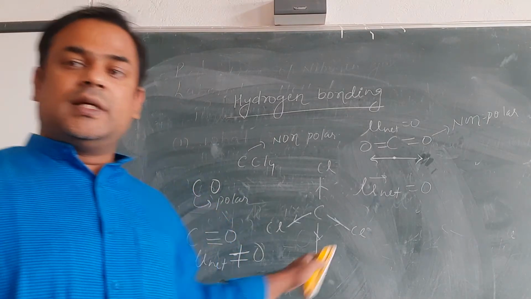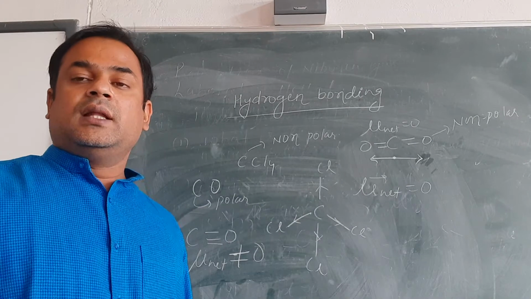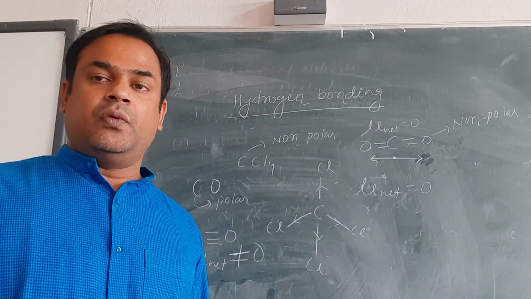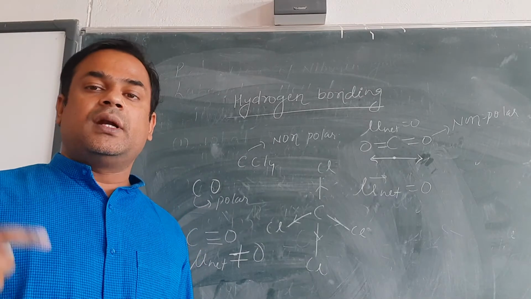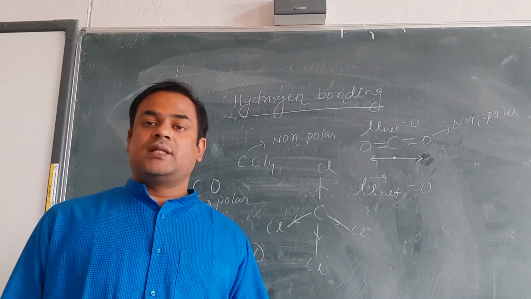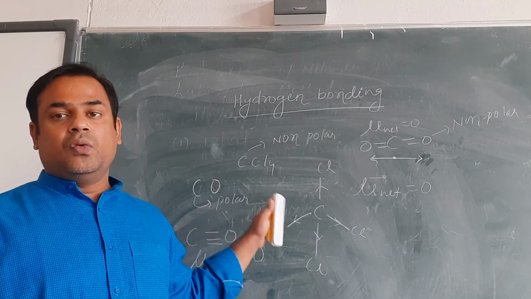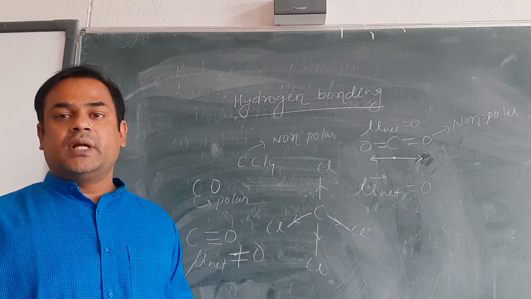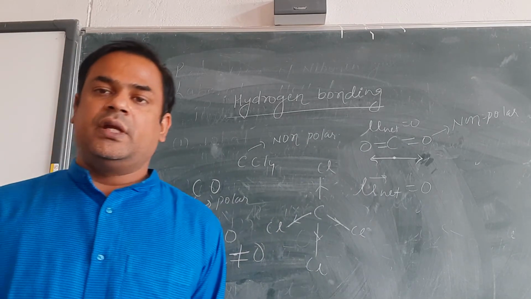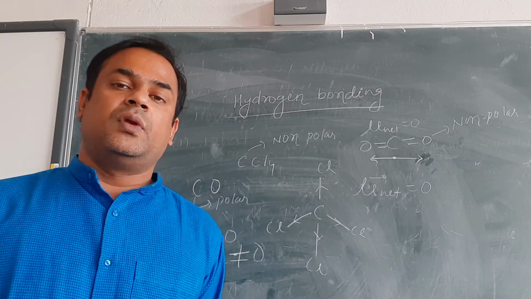In these examples we have clearly seen that it is not necessary that if an electronegativity difference exists, the molecule will be polar, and it is also not necessary that if the electronegativity difference does not exist, the molecule will be polar. For example, O2. In O2 there is no electronegativity difference between the oxygen atoms because both have the same electronegativity. Net electronegativity difference is 0, that's why O2 is non-polar.